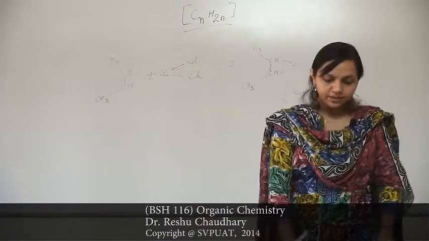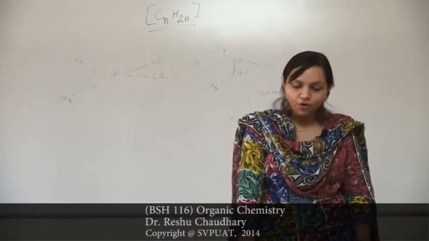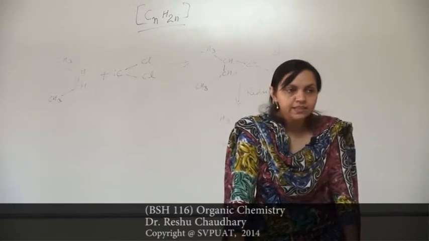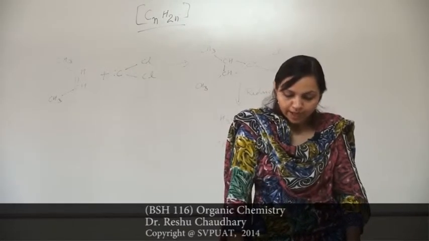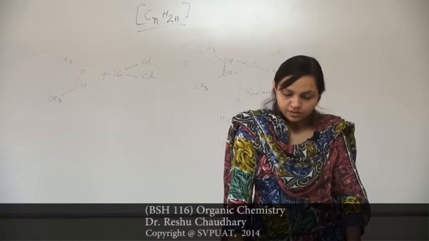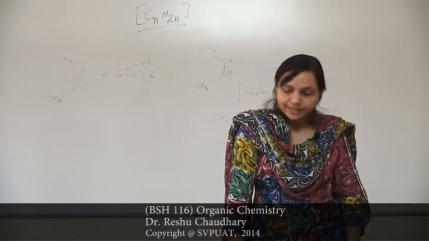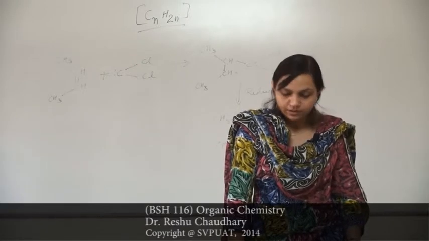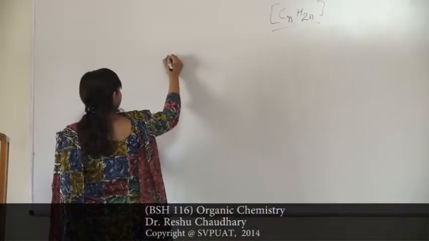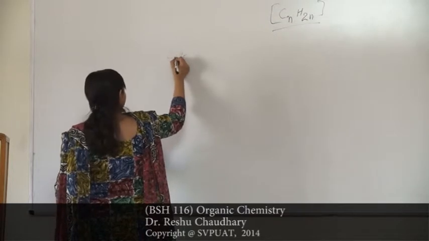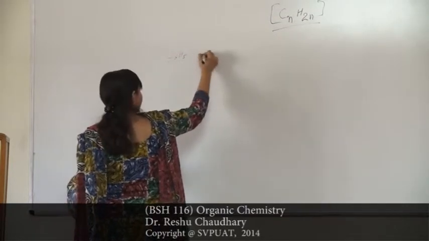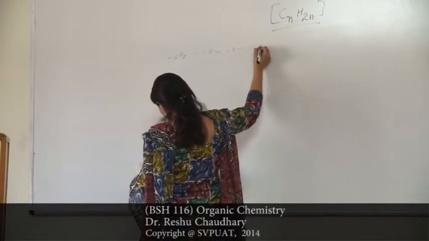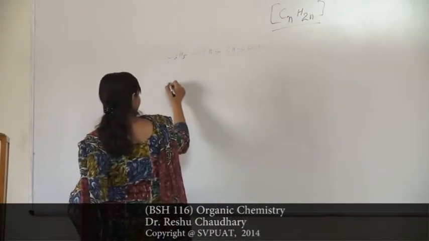Now next method is by the condensation of unsaturated compounds. When an unsaturated compound like cinnamic acid slowly polymerizes in presence of light, it forms truxillic acid and truxinic acid, and the reaction will be C6H5 single bond CH double bond CH single bond COOH, 2 molecules.